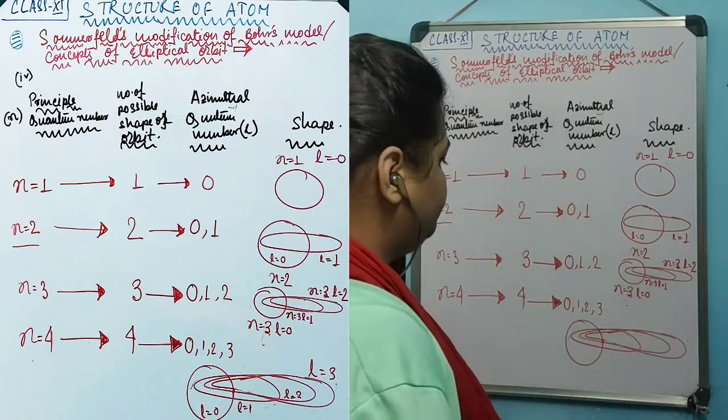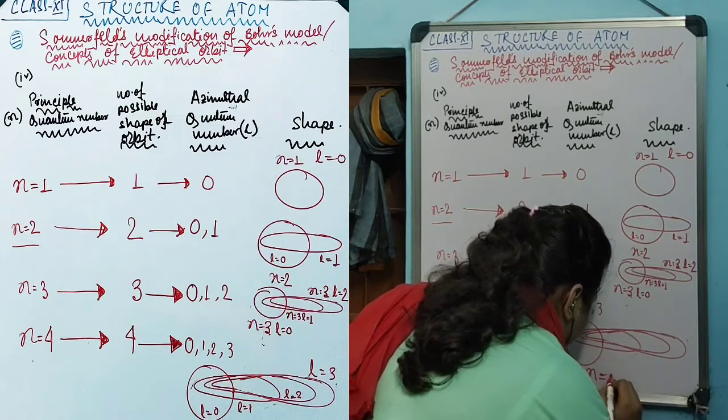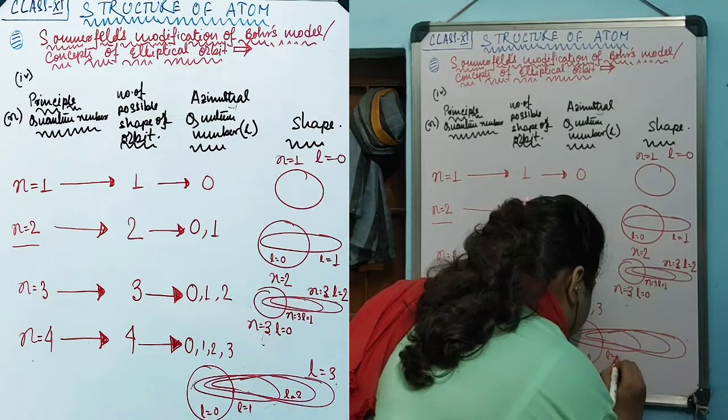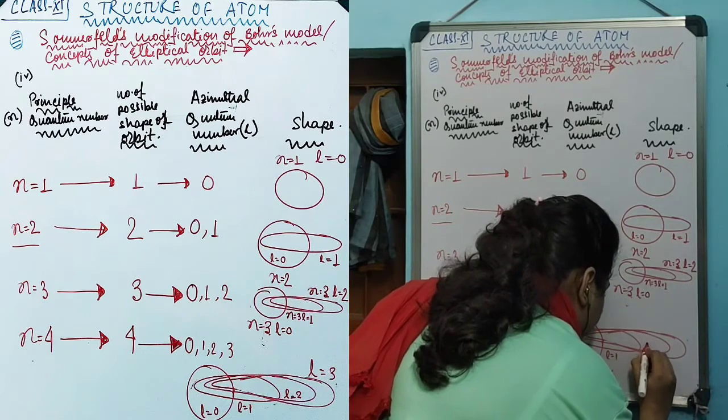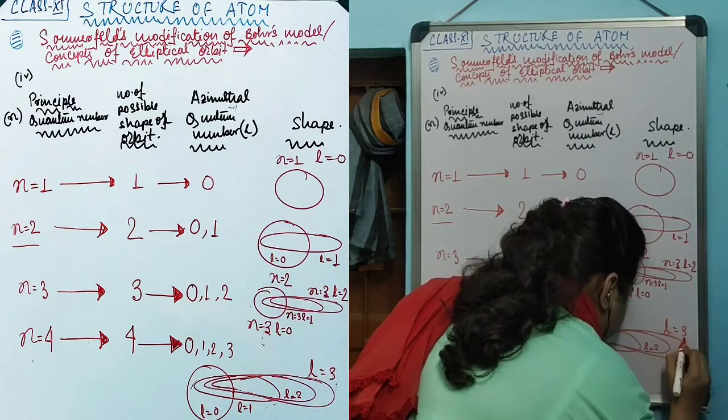And another more diffused elliptical path in which it can revolve. All of them have principal quantum number 4. For circular l equals 0, for this one l equals 1, for this one l equals 2, and for the last one l equals 3.